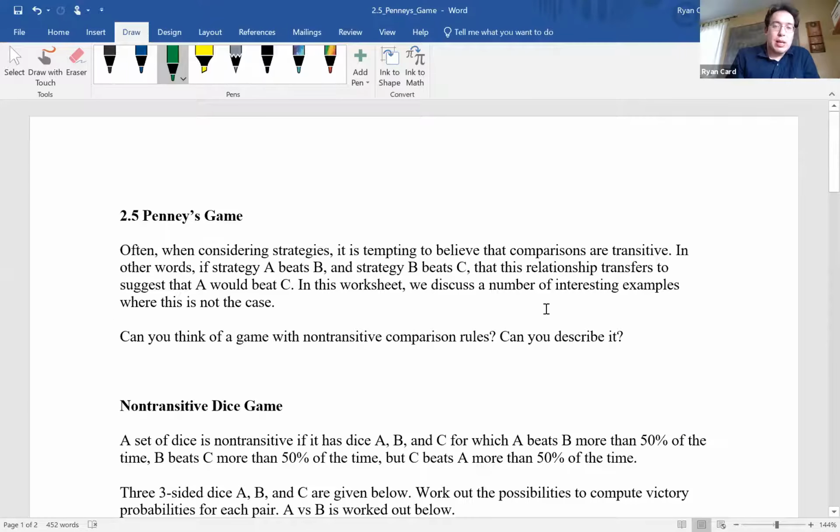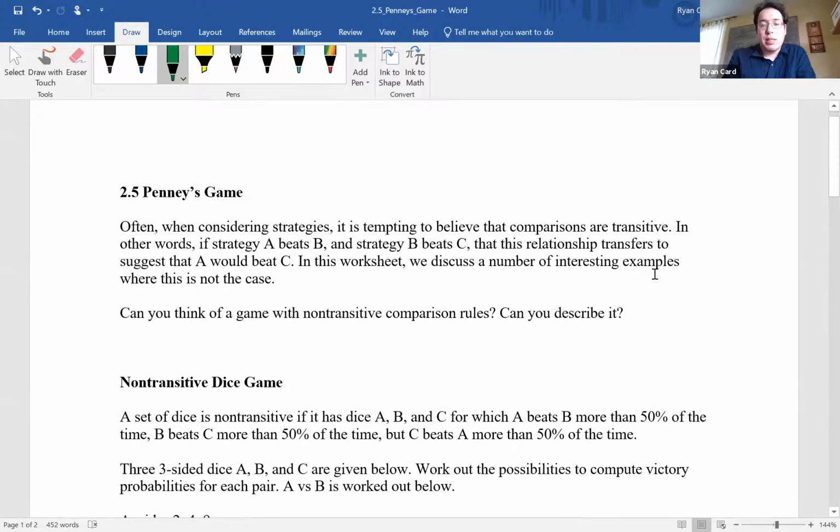All right. So what we're going to talk about in this worksheet is non-transitive things. Transitive means a property that kind of propagates as you chain different things.